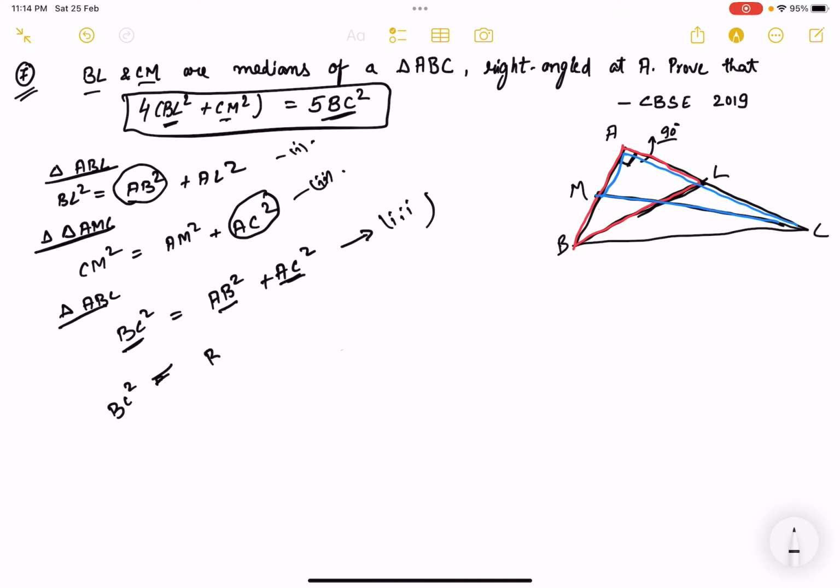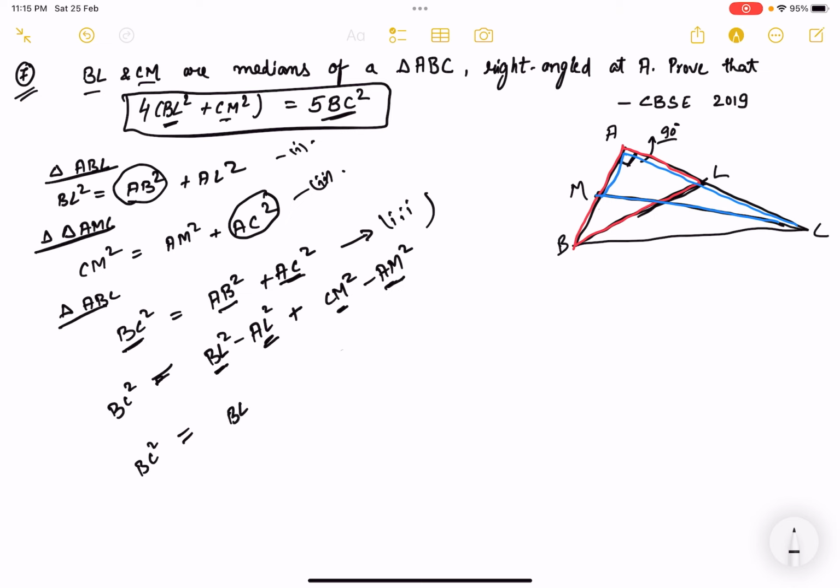We have BL square minus AL square plus AC square, we'll write it as CM square minus AM square. So again, BC square is equal to, BL and CM we want in our final expression. We don't want AL and AM. So let's try to substitute these.